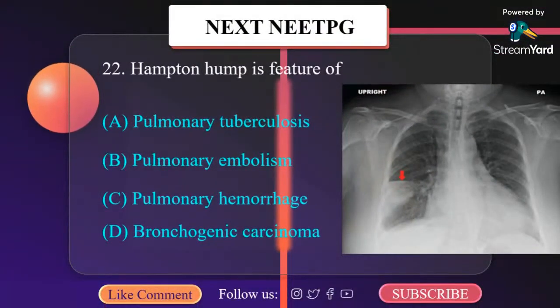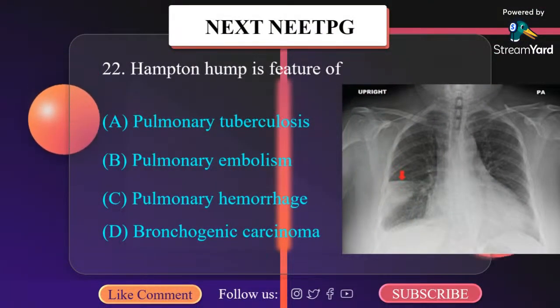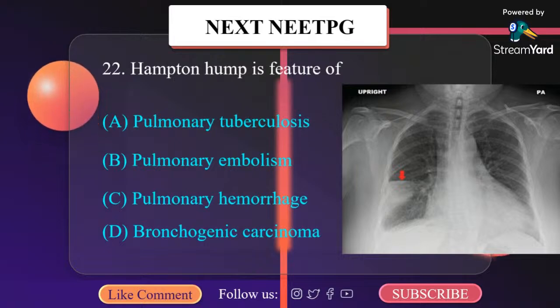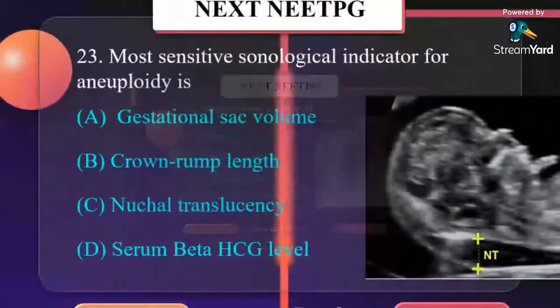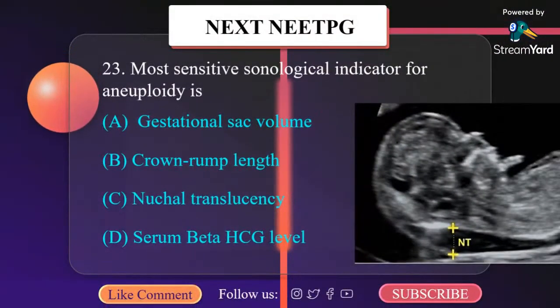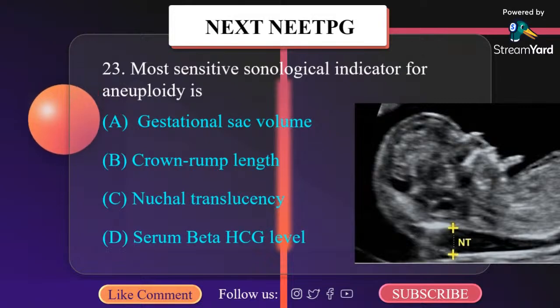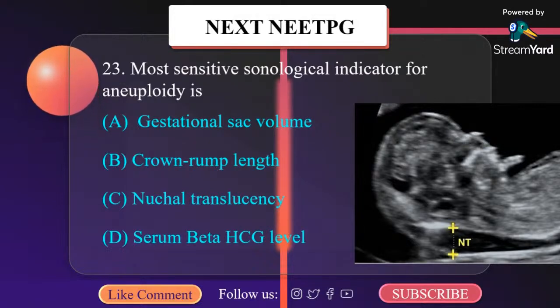Hampton hump is a feature of A. pulmonary tuberculosis, B. pulmonary embolism, C. pulmonary hemorrhage, D. bronchogenic carcinoma. It is pulmonary embolism. Most sensitive sonological indicator of aneuploidy is A. gestational sac volume, B. crown-rump length, C. nuchal translucency, D. serum beta HCG level.